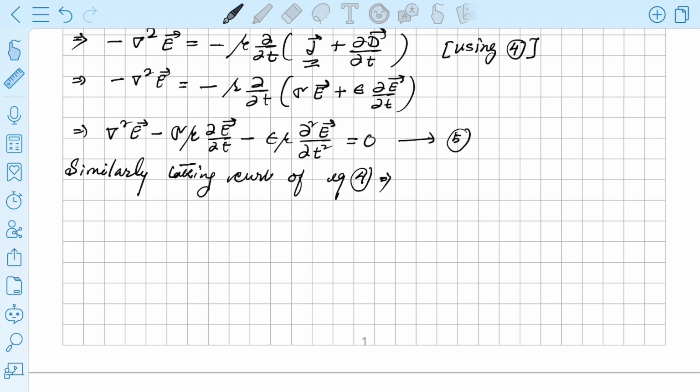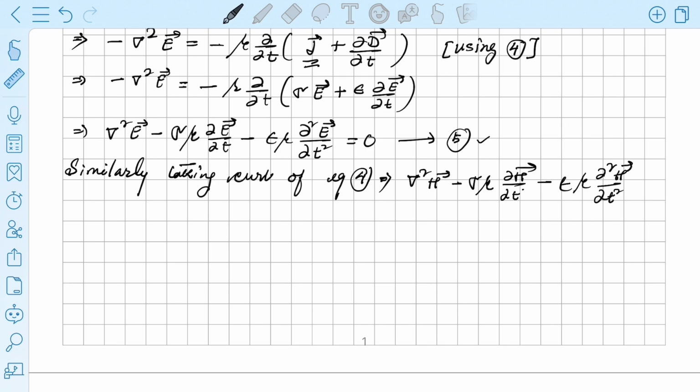Both equations are similar, but here we're going to get it in terms of H. Just like the above equation, we're going to get del square H minus sigma mu times del H by del t, then minus epsilon mu times the second order derivative of H with respect to t.